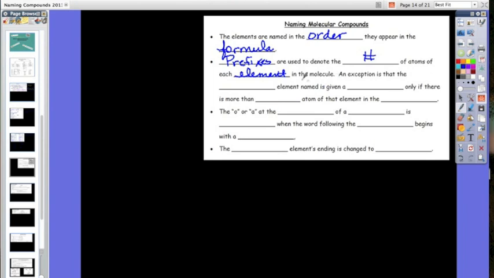An exception is that the first element given is only given a prefix if there's more than one atom in the formula or in the molecule.